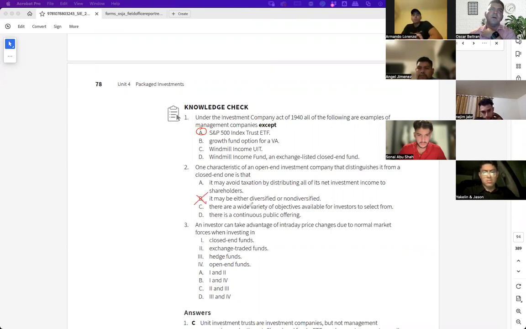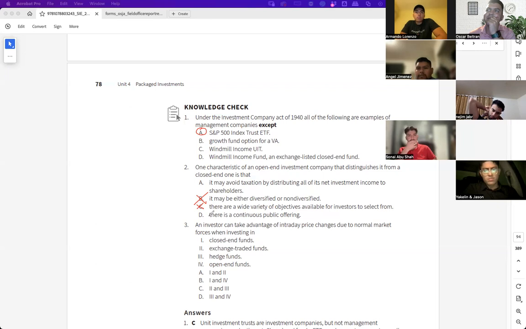Okay, there are a wide variety of objectives available for investors to select from. That one is they can do the same. Right. I would say probably between A or D. What do you guys think? I say D. D as a dog?